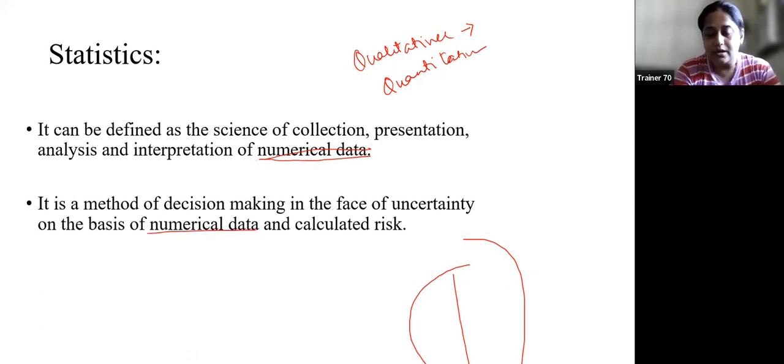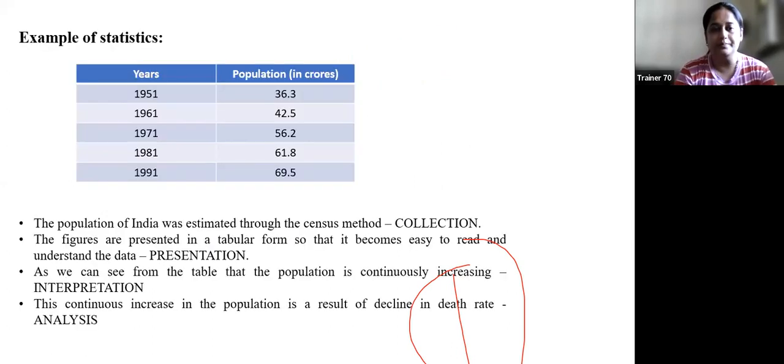So let us understand this statistics with the help of an example. Here I have collected this data. This data represents the population of India in 1951, 61, 71, 81, and 91. And corresponding to all these years, I have the population of India in crores.